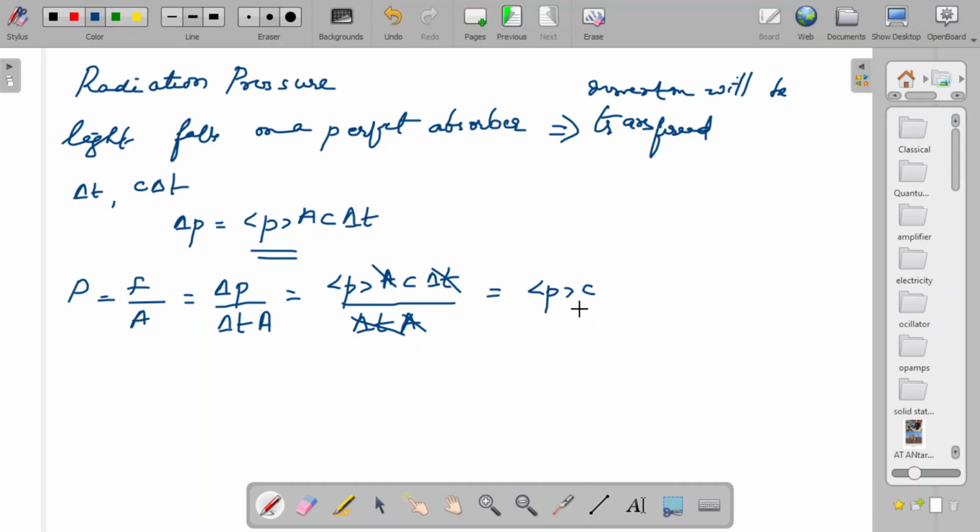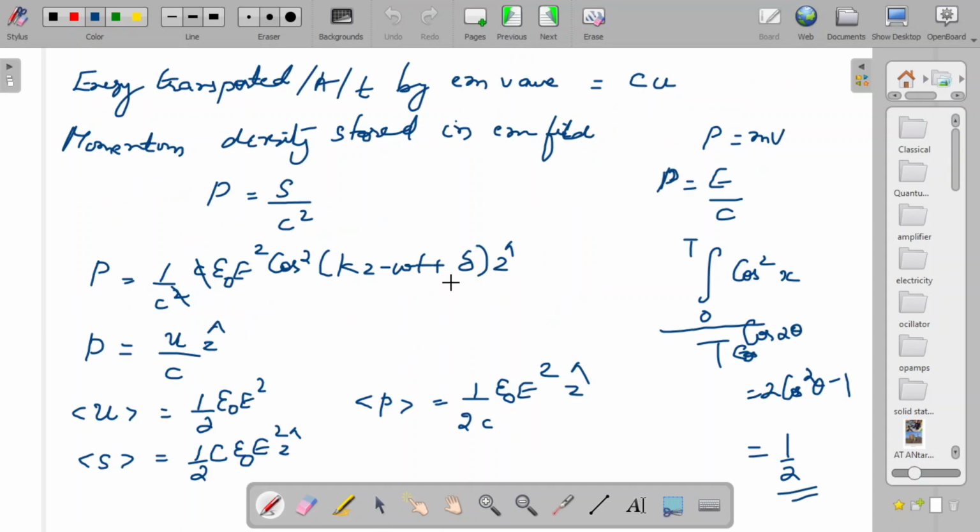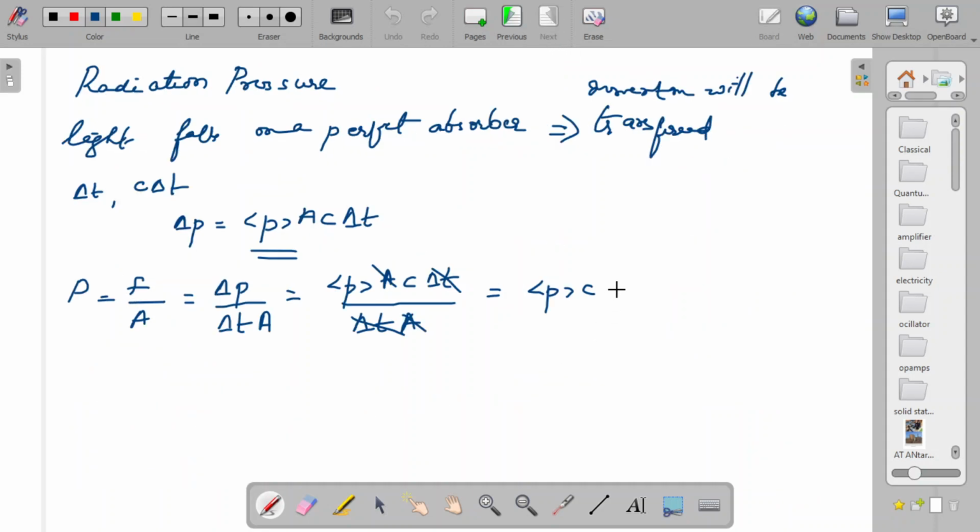Now, in the previous slide we derived the average value of this momentum, that is 1 by 2c epsilon 0 E square. If I substitute that, this is equal to 1 by 2c into epsilon 0 E square into c. So this c will get cancelled, and this is equal to half epsilon 0 E square.